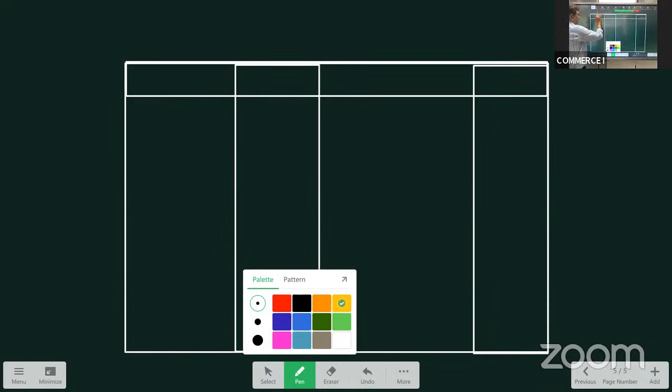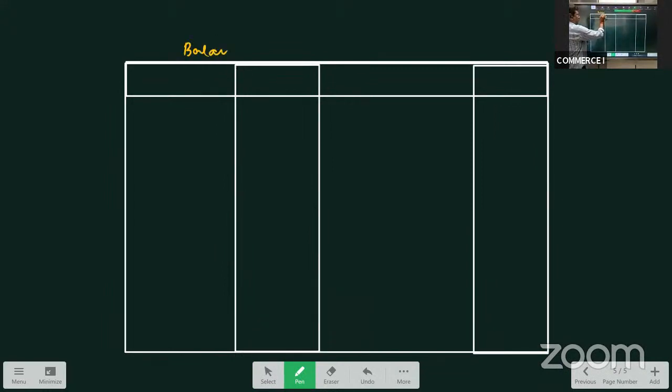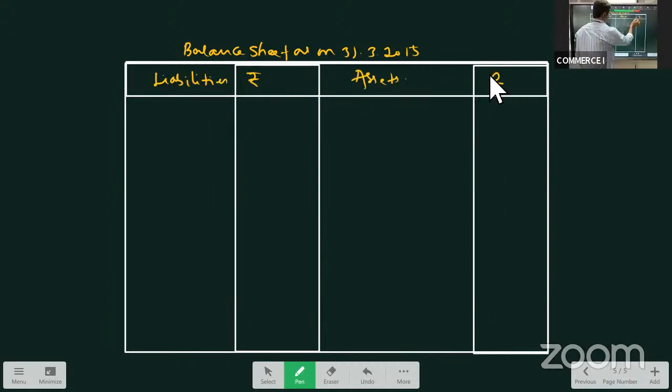Ready? Balance sheet as on 31st March 2015. Left hand side is our liability side. Right hand side is our asset side. Now let us see what are the items we left while preparing trading P&L account. We left them because they belong to balance sheet.